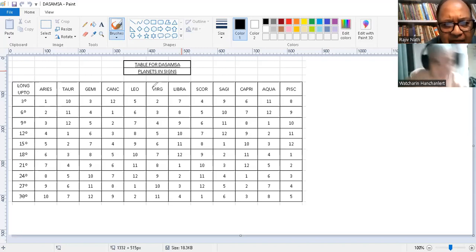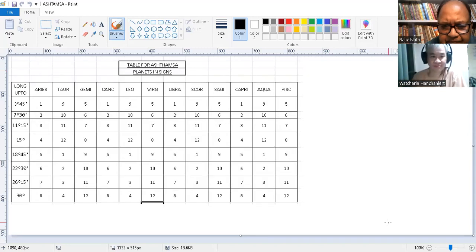I've given a few tables here. Can you see this new table, Ashtamsa? This is D8.